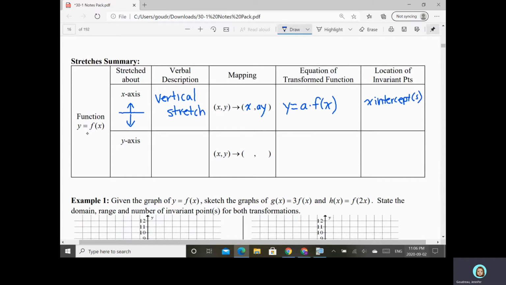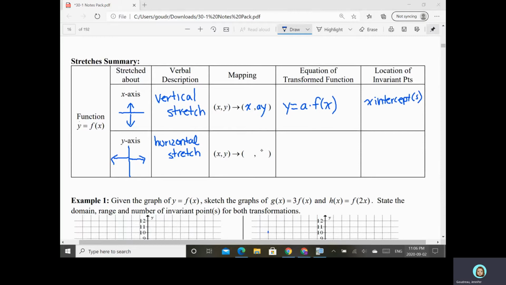If we start with a function y equals f of x and we stretch it about the y-axis, this means we're going to hold down the y-axis and we are going to pull that function on either side of the y-axis. This is referred to as a horizontal stretch.